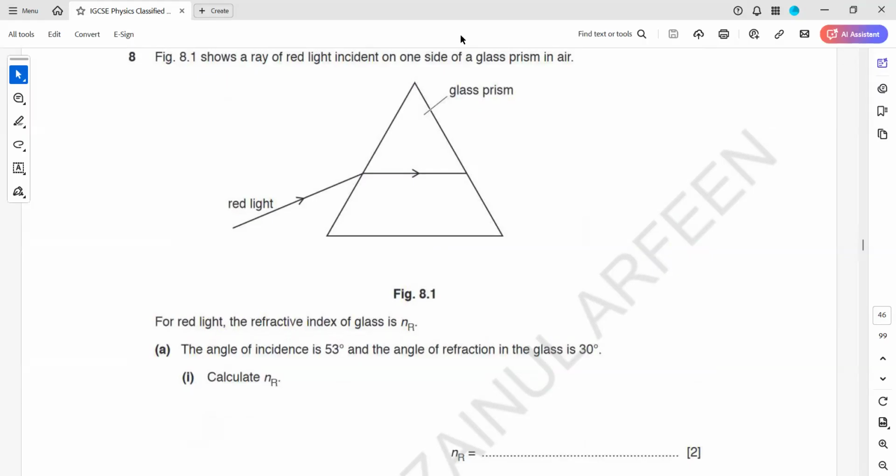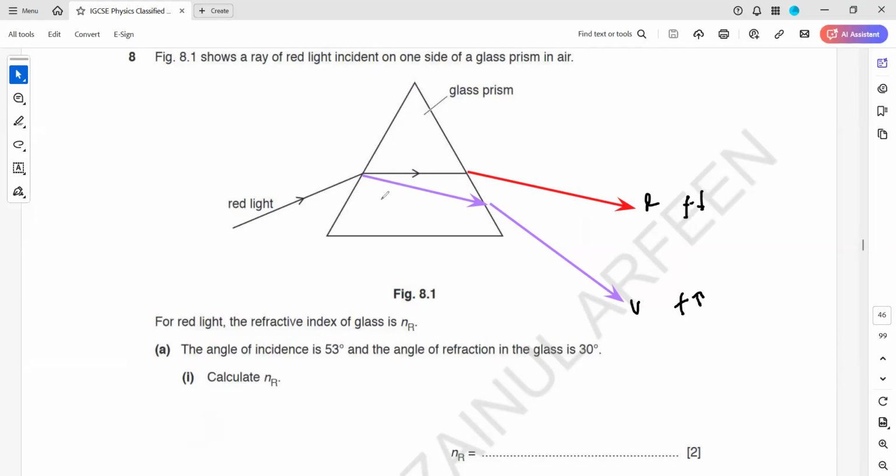Why? Because when we drew the path for violet, this was the path for the violet, and this was the path for the red. We have other colors, but violet has the highest frequency and red has the least frequency.